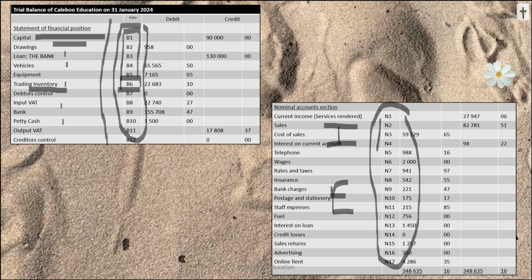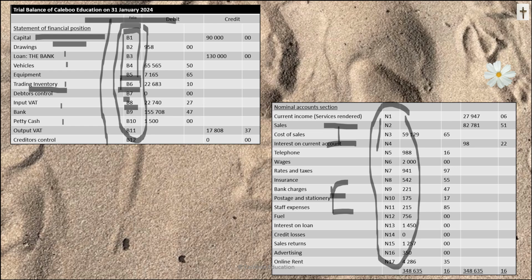So when we do the general ledger, each general ledger account will have a folio, and I've taken the folios from the previous month's trial balance, the trial balance for January. Remember, we're doing the transactions for February.